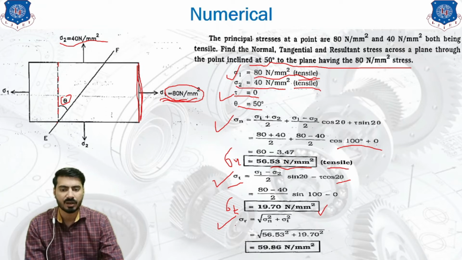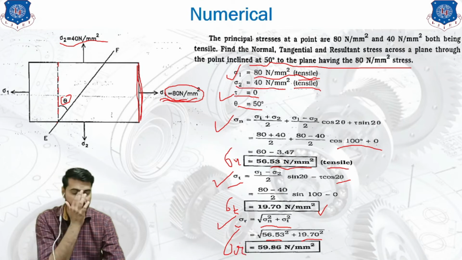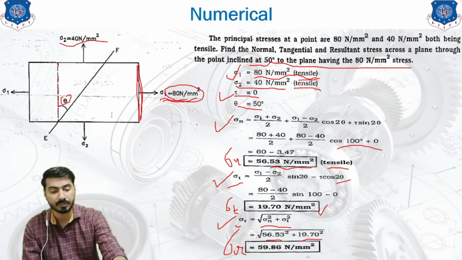Similarly, we are going to calculate the resultant stress, sigma r, using this formula. Putting the values of sigma n and sigma t into this equation and simplifying, you will get the answer of sigma r as 59.86 Newton per mm square.